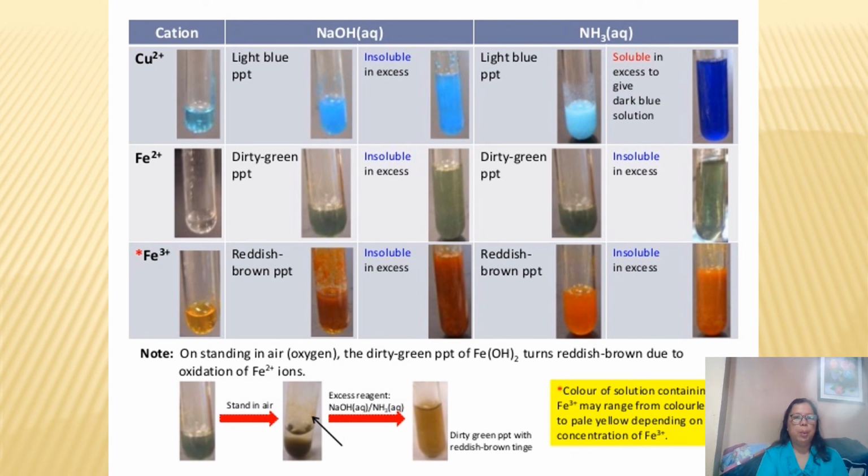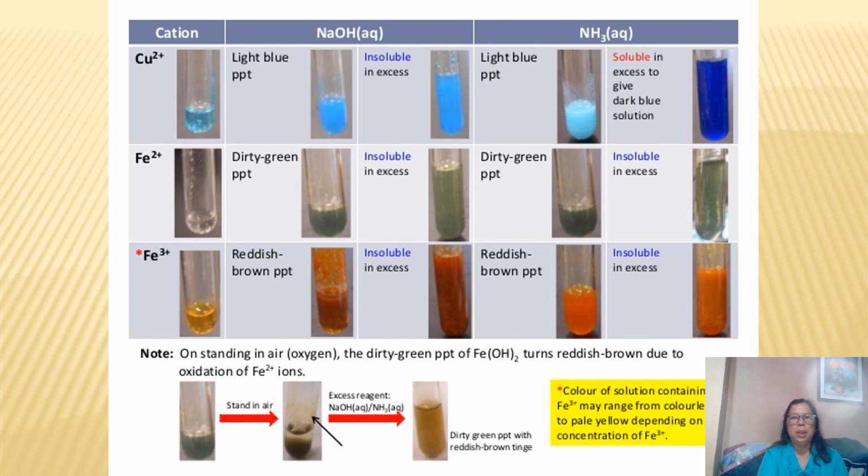For the case of iron, ferrous and ferric, these are both iron, no? When added with sodium hydroxide, the ferrous yields a dark green precipitate, whereas the ferric yields orange or dark yellow in color. Copper is blue in both sodium hydroxide and ammonia.